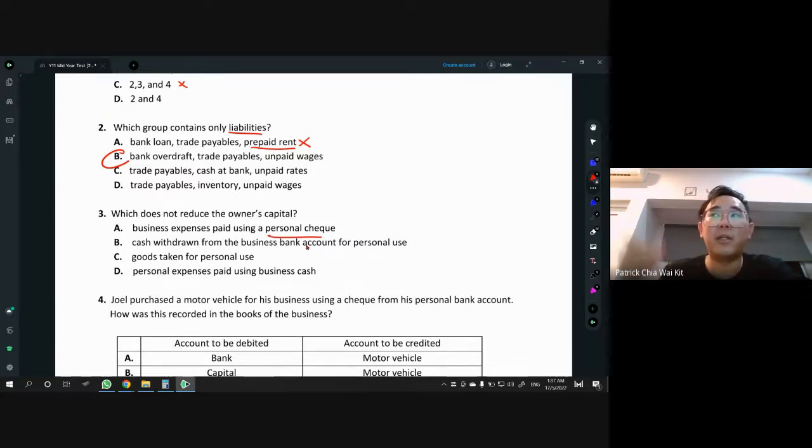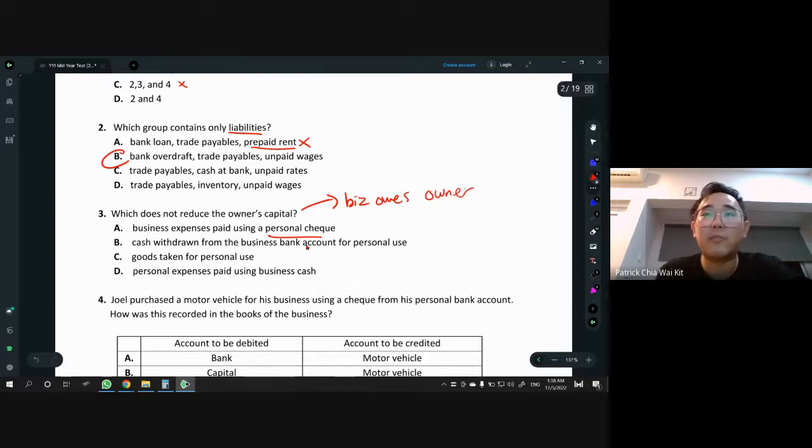The owner gives his money and pays for business expenses. If you don't understand what it means here, tell yourself this: capital also means the business owes the owner. It's what the owner contributed, also what we owe the owner. So if we use the personal check to pay for business expenses, that means we owe him.